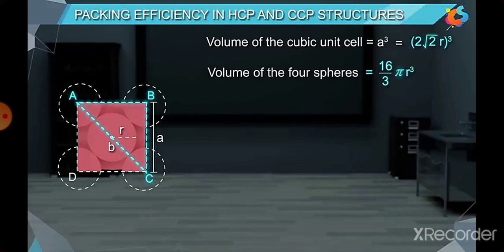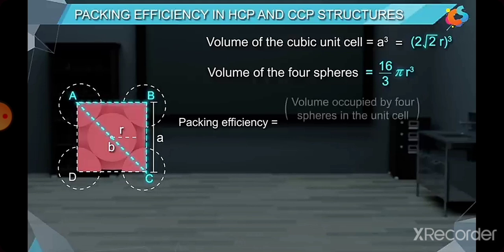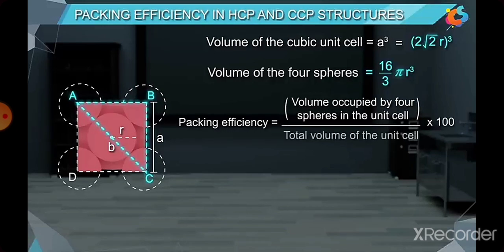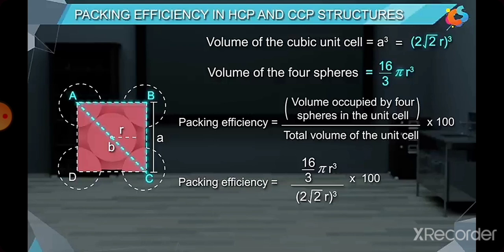Now let us calculate packing efficiency. Packing efficiency is equal to volume occupied by 4 spheres in the unit cell into 100 by total volume of the unit cell, percentage. Packing efficiency is equal to 16 by 3 pi r cube into 100 by (2 square root of 2 r) raised to whole cube, percentage.